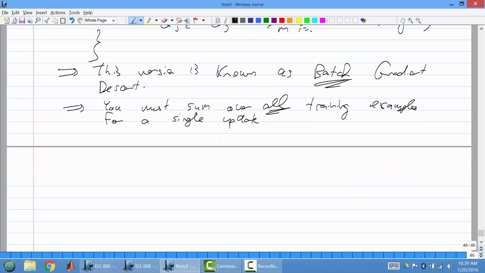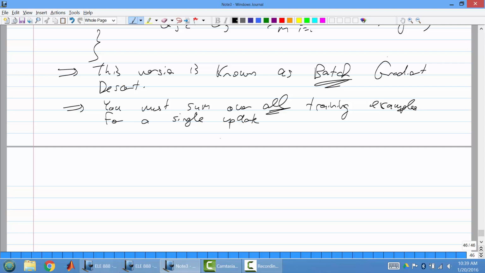Now the problem with this is that if you have a data set that's in the millions, summing over every single instance in the training set will probably cost you a lot. You can't put it in a matrix because that matrix of data points is not going to fit in memory.